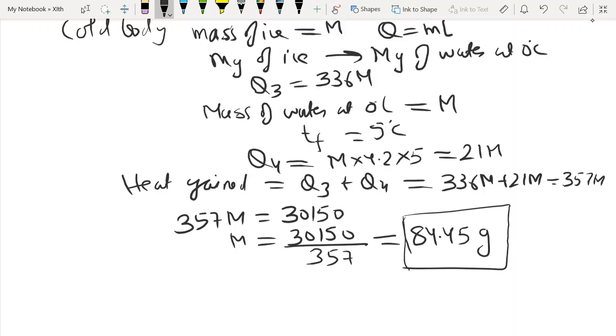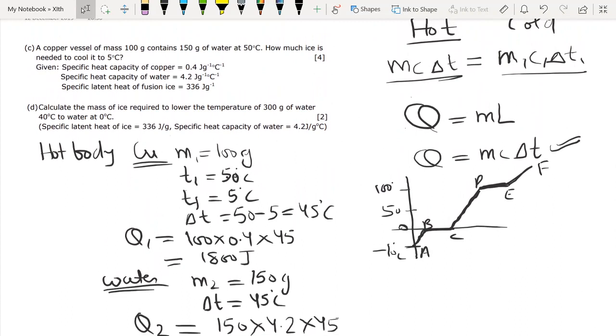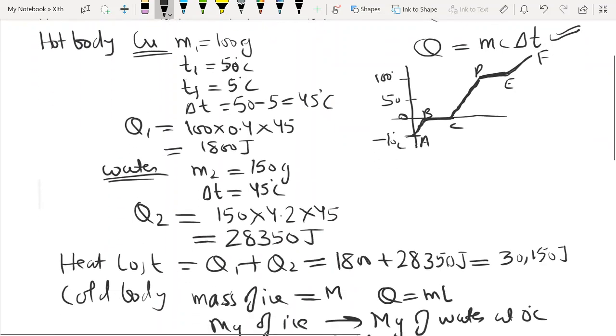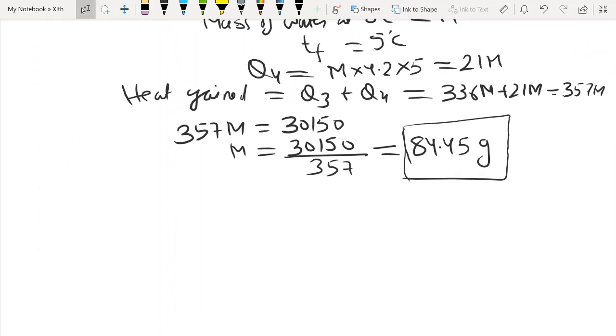Now let us go to the second question, which is calculate the mass of ice required to lower the temperature of 300 grams of water, which is at 40 degrees centigrade, to water at 0 degree centigrade or Celsius. So let us go and solve this question. So what is happening here?